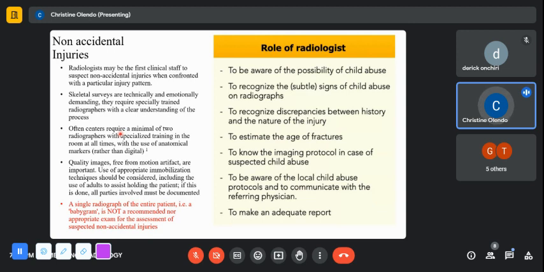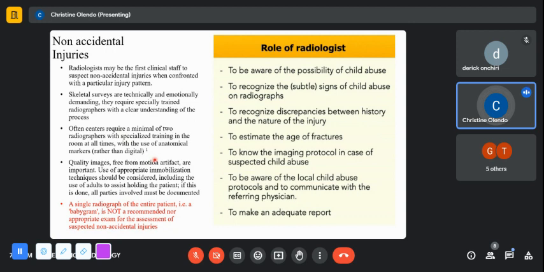So you will need someone, a radiographer or you yourself, who's very well trained and can deal with the whole rigorous process. Some centers usually have a minimum of two radiographers who are trained and should be present during these examinations.